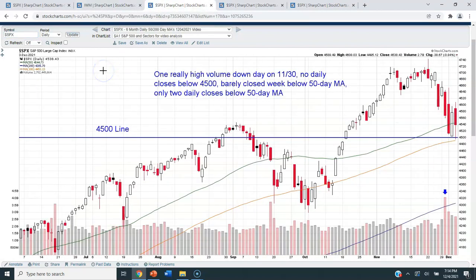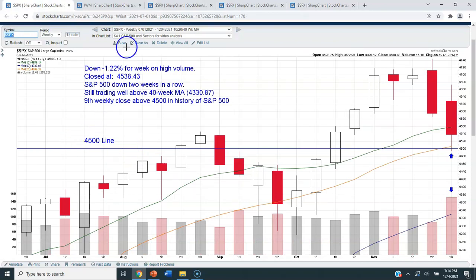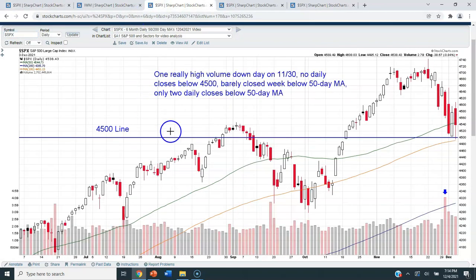So now let's jump back over to the S&P 500. This again is a daily chart of the S&P 500. This particular chart goes back 6 months. All right, and we're back to this 4,500 line, which I brought up right here, but now let's take a look at it on a daily basis.